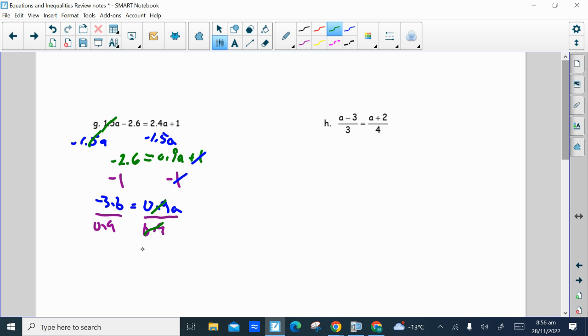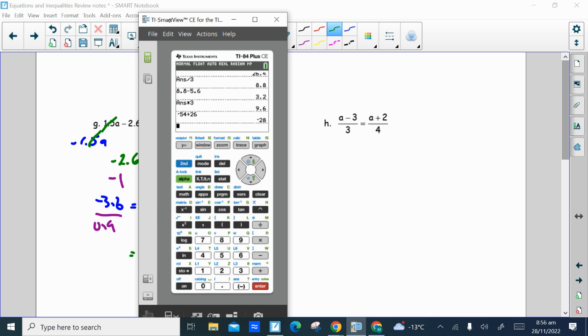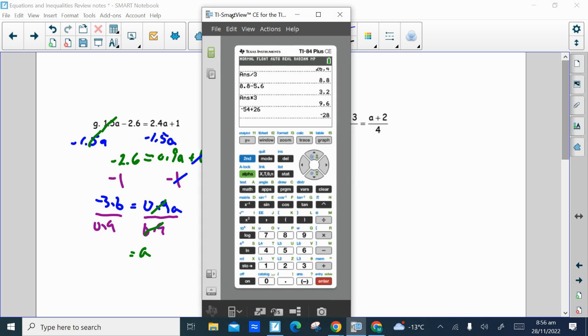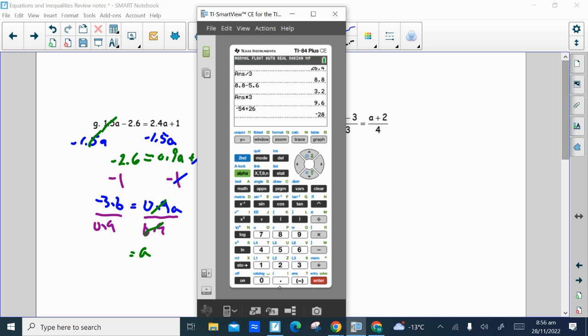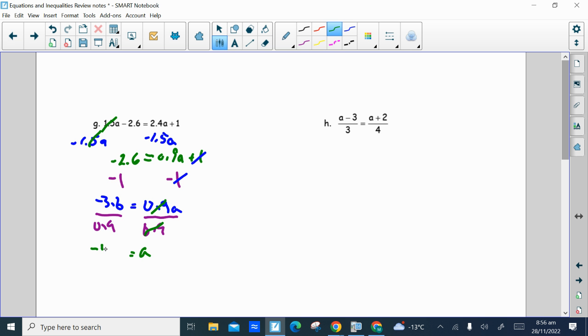So they cancel on the right side, and on the left side, we have negative 3.6 divided by 0.9, which is 4, I think, but we'll check to make sure. Yep, negative 4. So there's our answer, and that's the number that we need to use in our check.